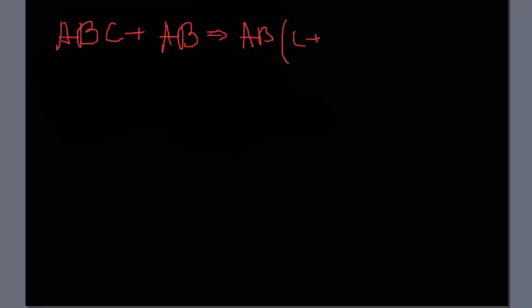Alright, next one, a b c plus a b. Let's simplify this equation. We can take a b out of brackets, because it's the same on both sides, so c plus 1, and as we wrote for x and y, x plus 1, we can write it like that.